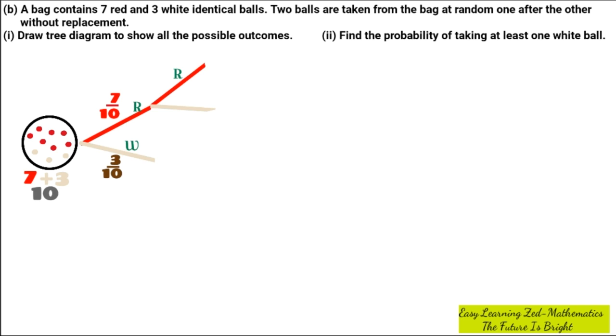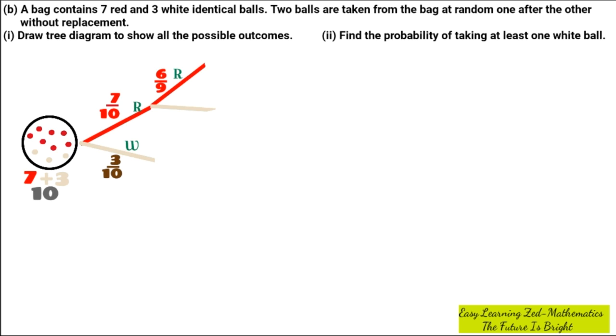So the probability is going to be 6 over 9, because at first you got the red ball which you put aside, and you didn't take it back. Again you want to pick another ball, so the probability of picking a red ball now is 6/9. The number of red balls has reduced because at first you picked a red ball, and the total number of balls in the bag has also reduced.